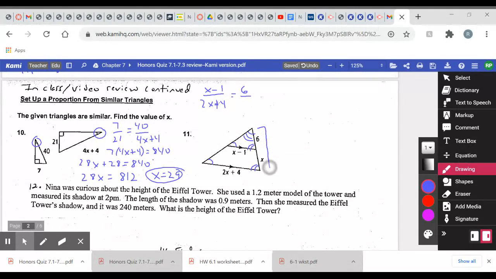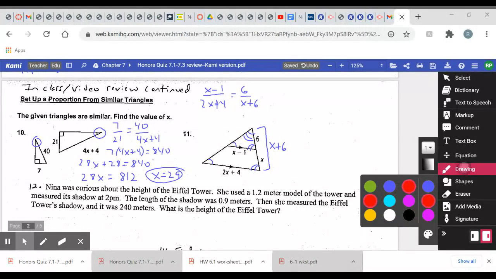And then for the big triangle between the 2 and the 3 mark is actually this whole length, which is x plus 6. I don't want to just say x. So be careful with that. If you want to redraw the triangles, if that's helpful to you, feel free to do that.